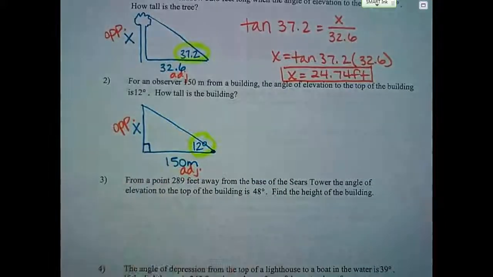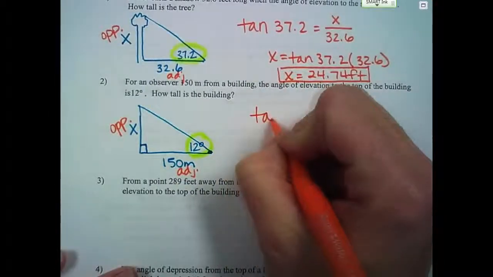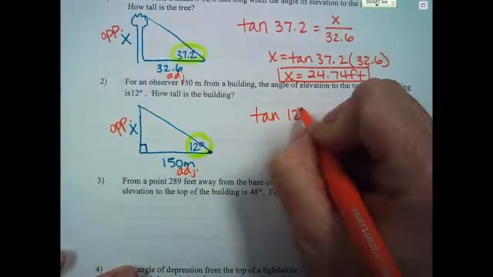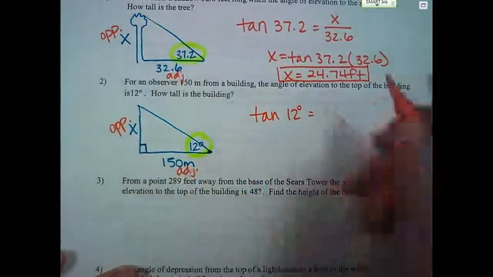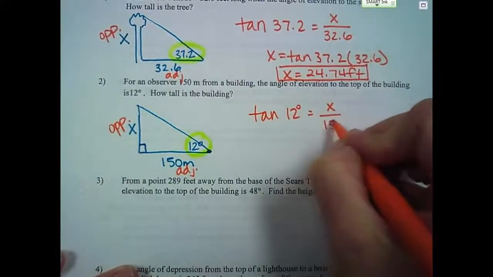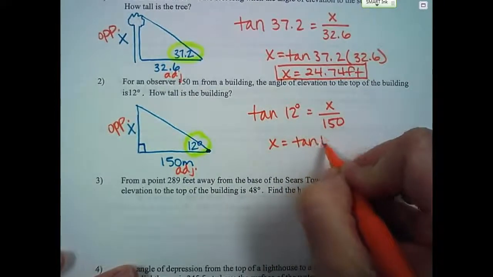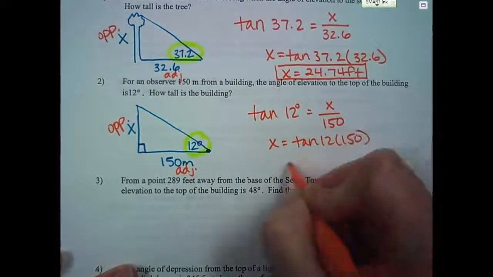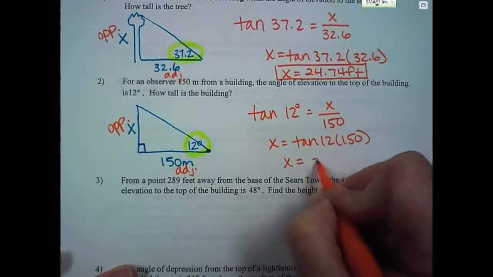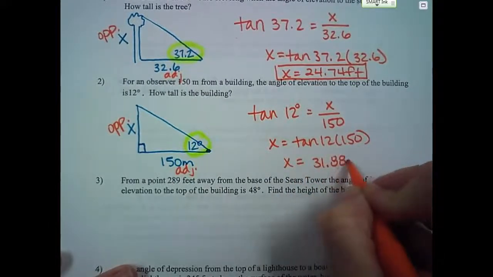What does opposite and adjacent use? Tangent, excellent. So tangent of my 12 degrees is opposite over adjacent, so x over 150. Again, in your calculator, you're just going to do tangent of 12 times 150. So the height of my building is 31.88 meters.